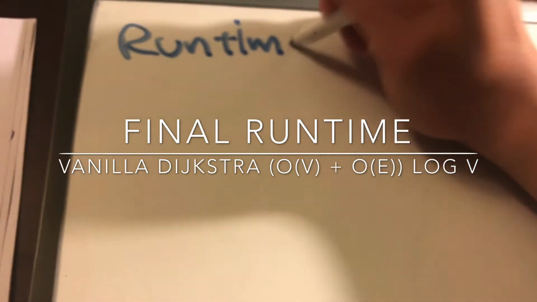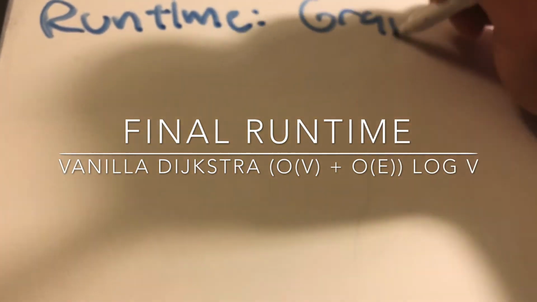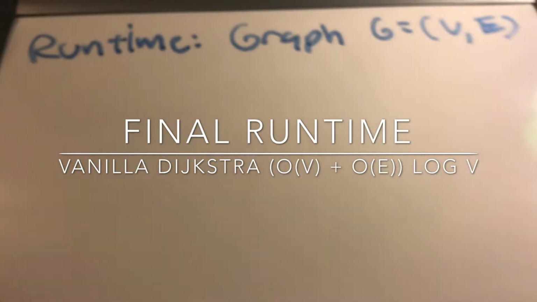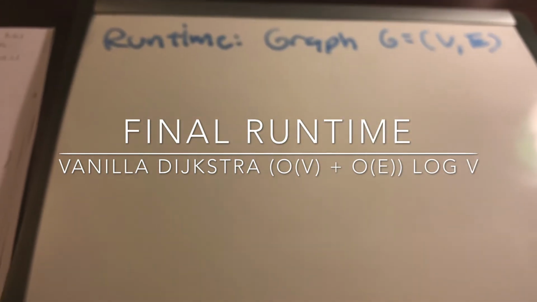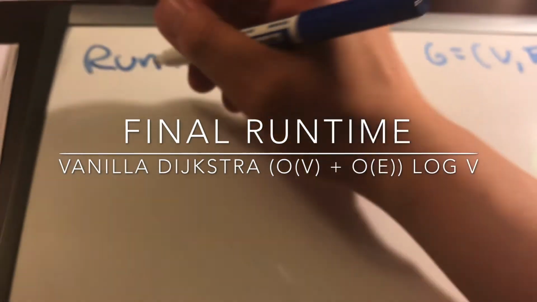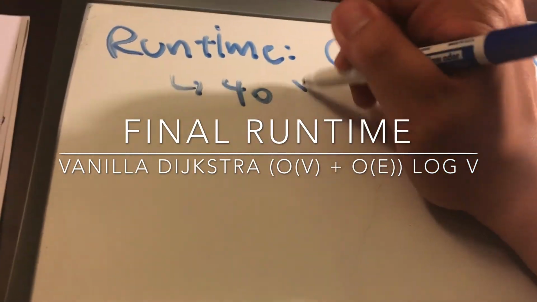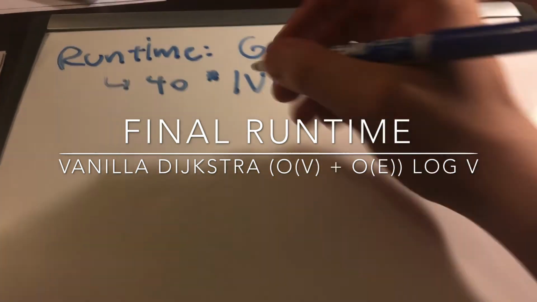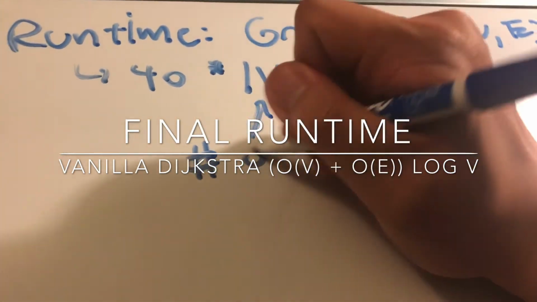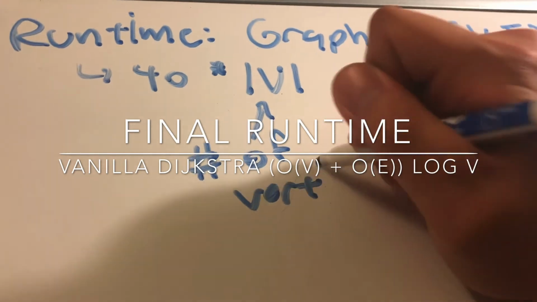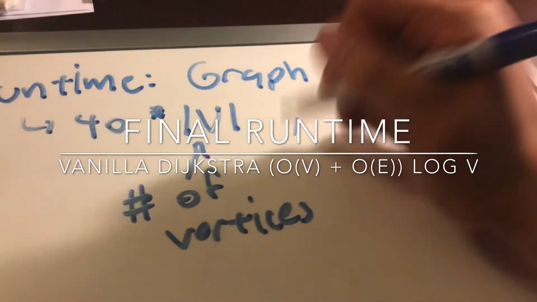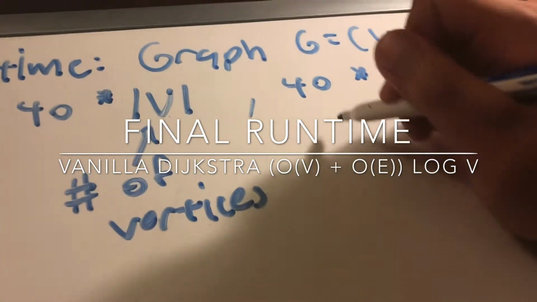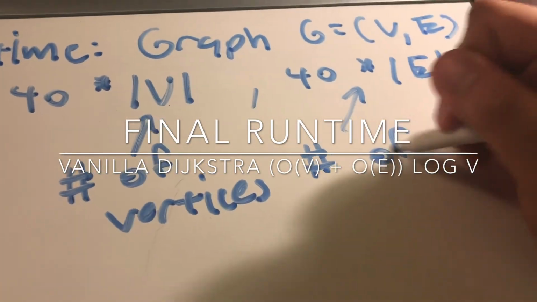We have a graph, G equals V, E. In addition, we also have 40 times V, the magnitude of V, which is the total number of vertices we have for each residual graph. We also have 40 times E, the number of residual edges for each graph.